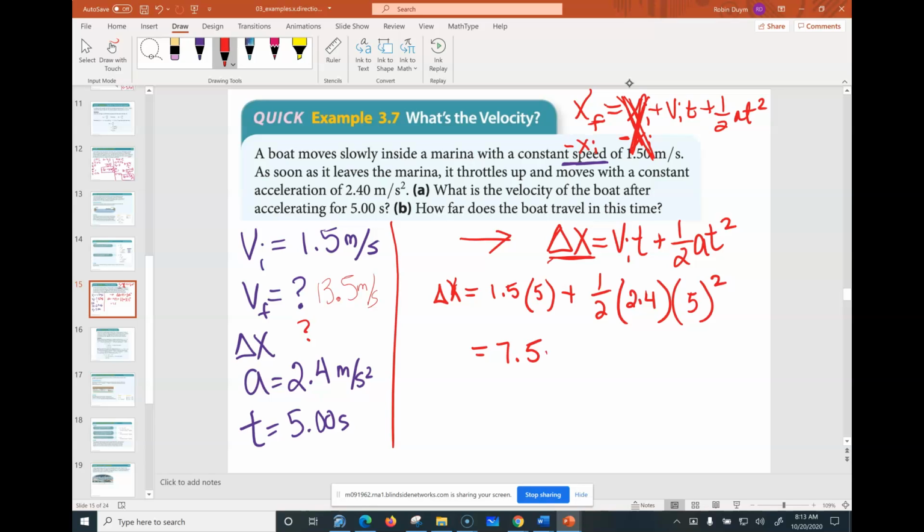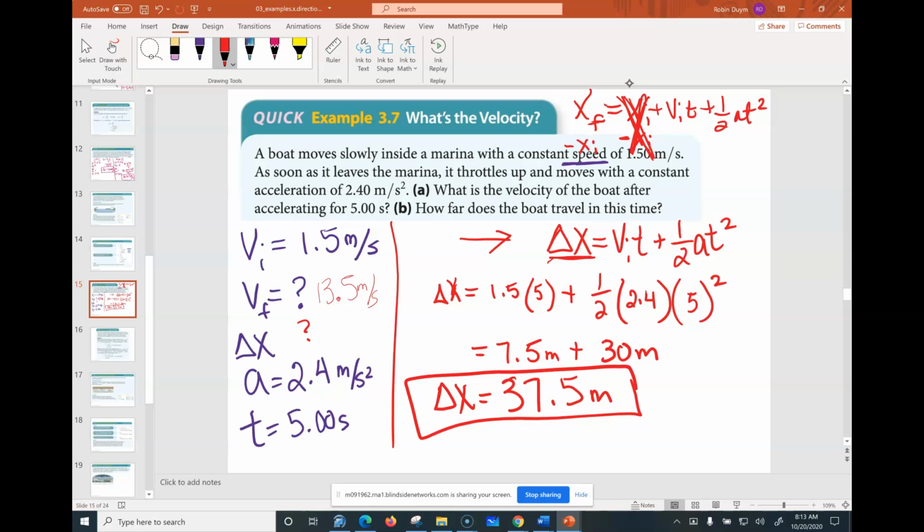So he's going 7.5 meters. And then the acceleration part is another 30 meters. So my total displacement, my change from the starting position to where I end up, should be 37.5 meters away from where I started.